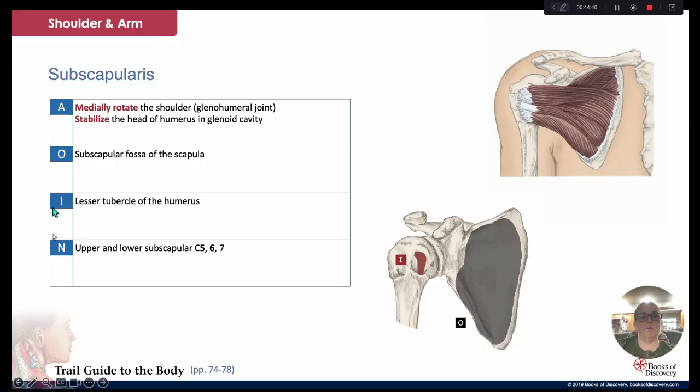So all those other bad guys on the back connected to the greater tubercle, which is over here on this picture. This guy, this subscap, connects onto the lesser tubercle. He has no friends. He's a lesser type of person, right? And remember, it's divided by the bicipital groove or the intertubercular groove right here.